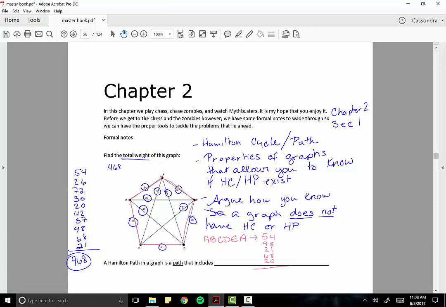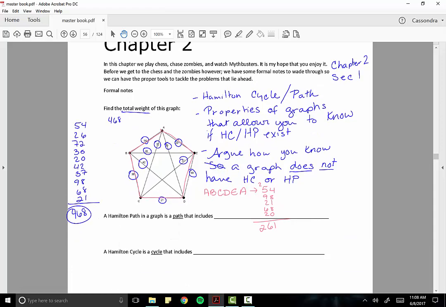So 261. So now a Hamilton path in a graph is a path that includes every vertex.